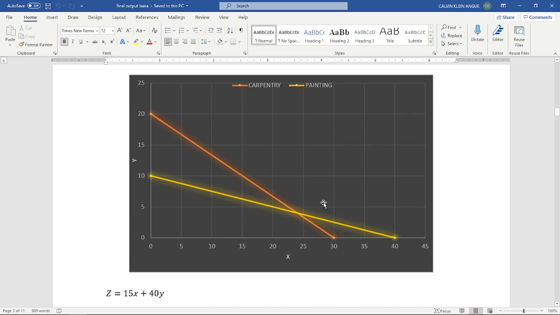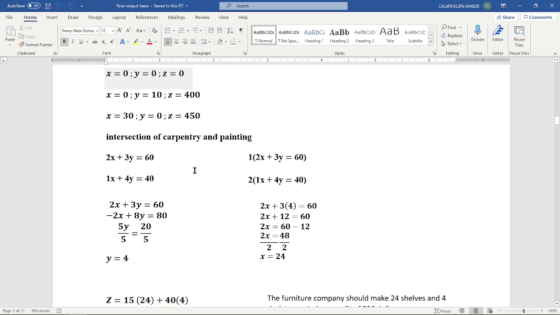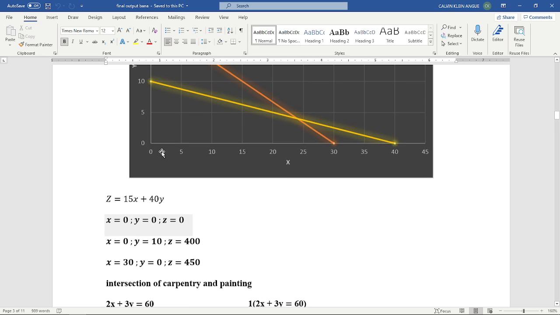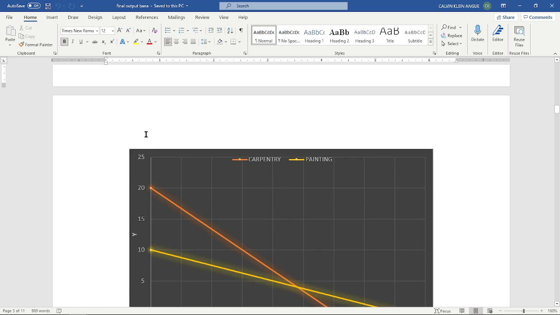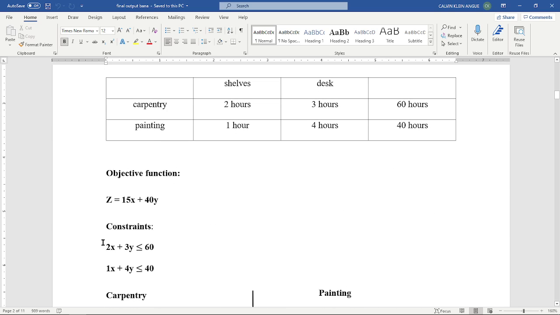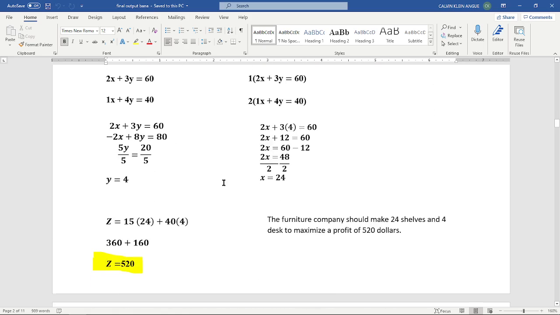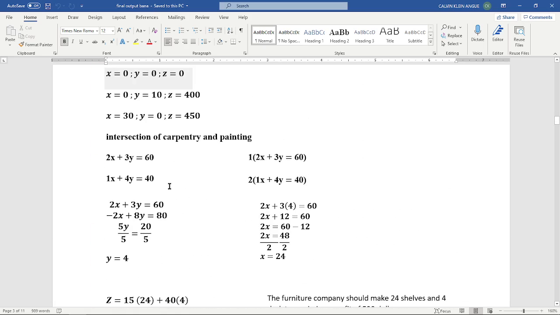For the intersection, we will solve this part. You just need to put your two constraints, these two. You put your number 2 here, then your number 1 here, then you multiply it, and the answer will be this.